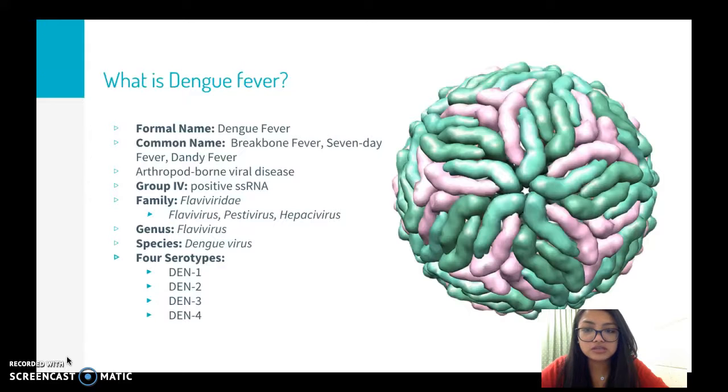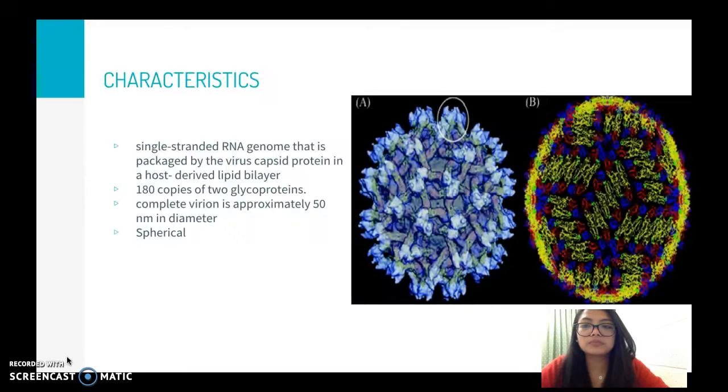Species is dengue virus. The 4 serotypes include DEN1, DEN2, DEN3, and DEN4. Note that getting infected by one serotype does not mean you're going to get immunity against all of them. You just build up immunity against that one serotype that you're infected with.